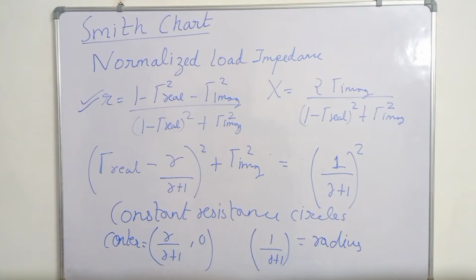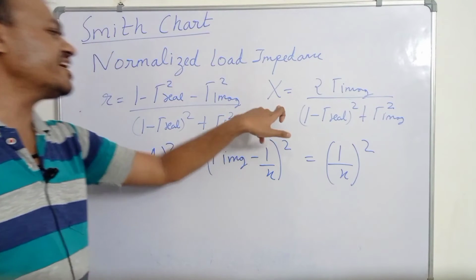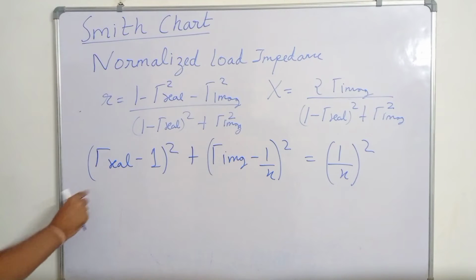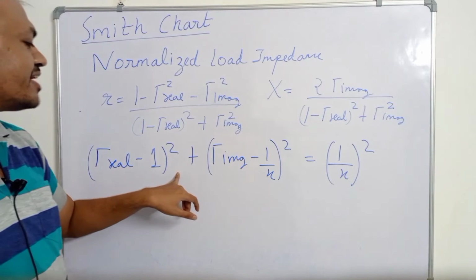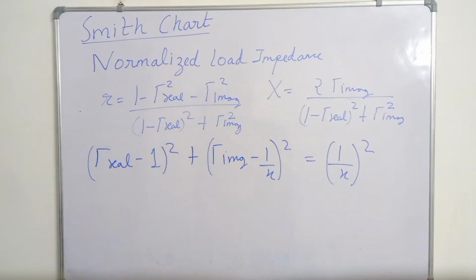Now if we rearrange this equation for x, then we get gamma real minus 1 whole square plus gamma imaginary minus 1 by x whole square equal to 1 by x square.